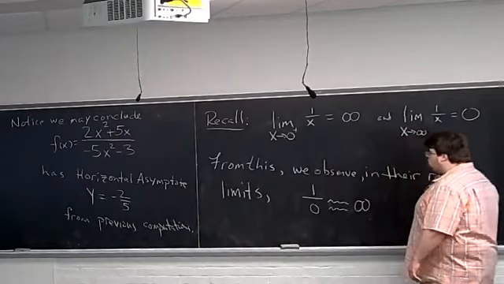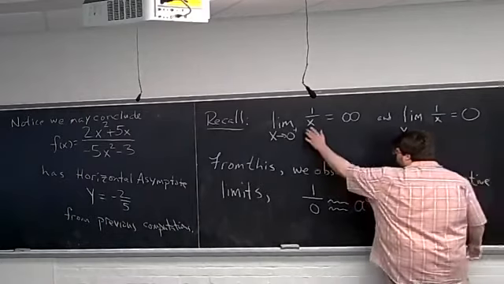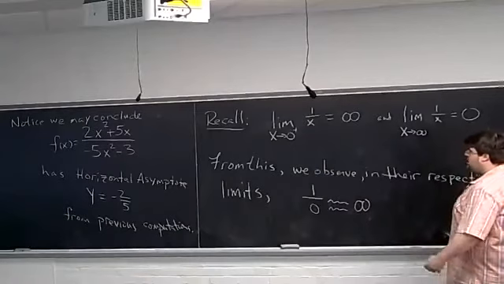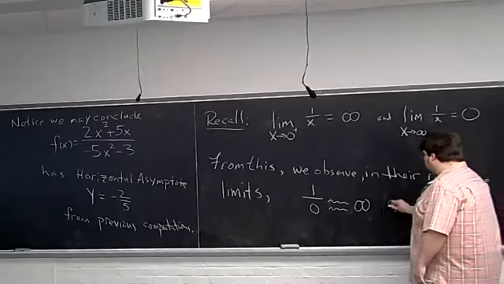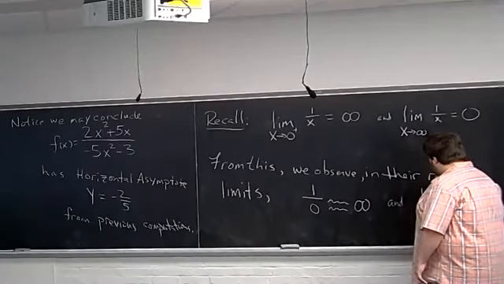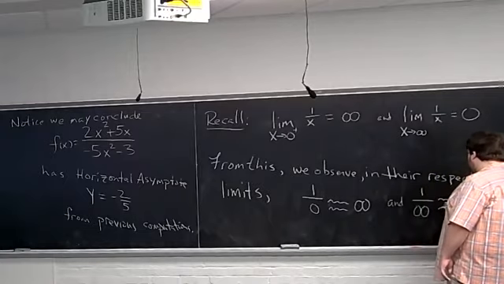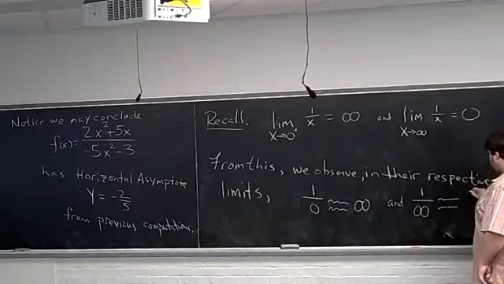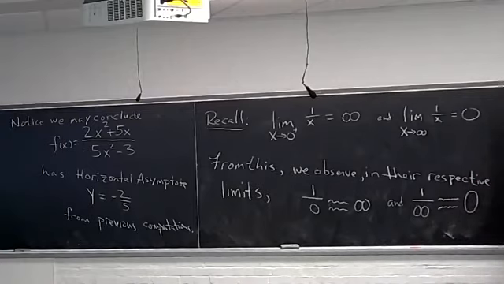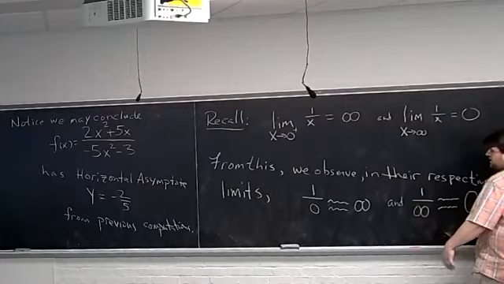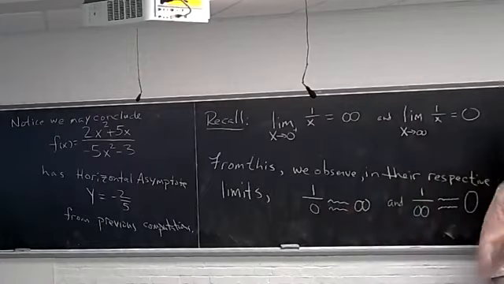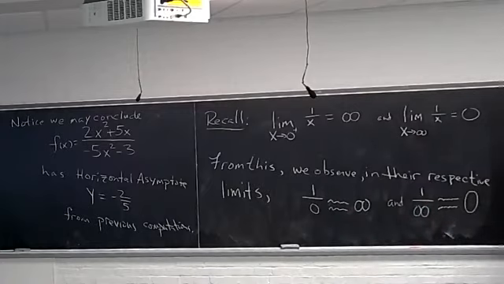1 over 0, as the denominator goes to 0 from the positive side, behaves like an infinity, and 1 divided by something which goes to infinity behaves like 0. These are not really equal signs. In the limit, meaning as the denominator approaches these terms, the limit will go to infinity, or the limit will go to 0, assuming the signs work out nicely.